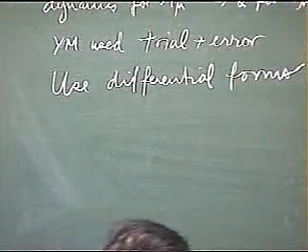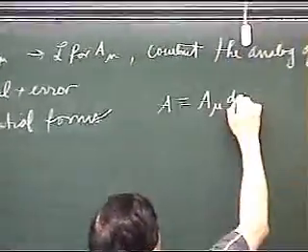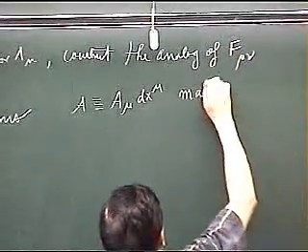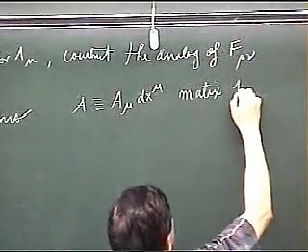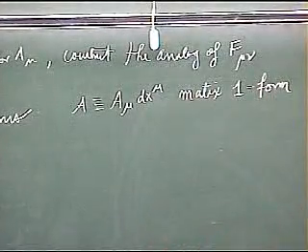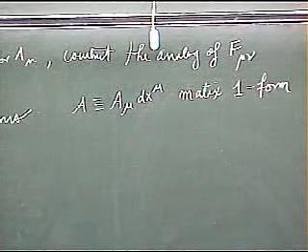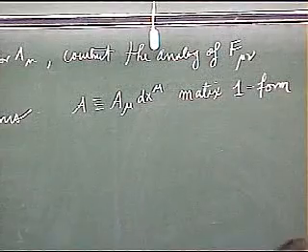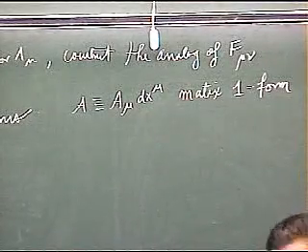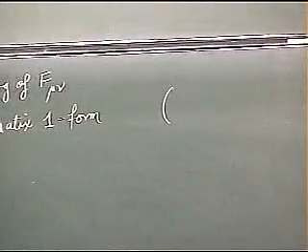Okay. Now, A is equal to A mu dx mu, the differential form. It is now a matrix. So this is actually a matrix 1 form. Well, that's a small generalization from what I already taught you. I told you what 1 forms are, and it's just a 1 form that also happens to be a matrix. There is an additional trivial thing that I have to mention to you.